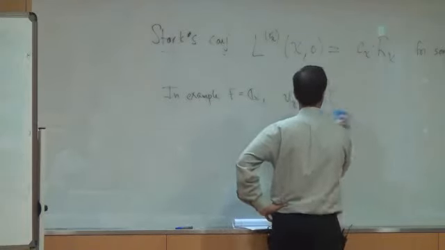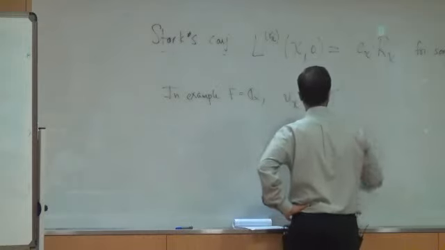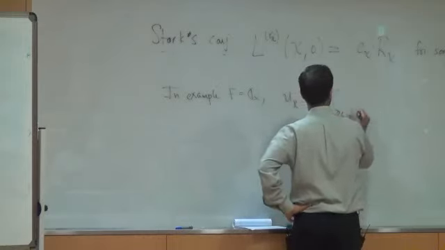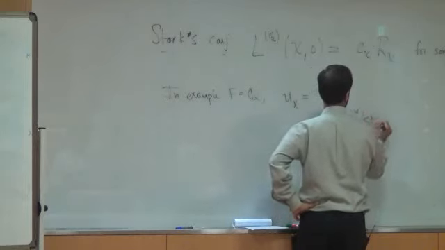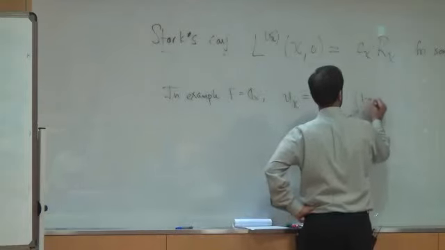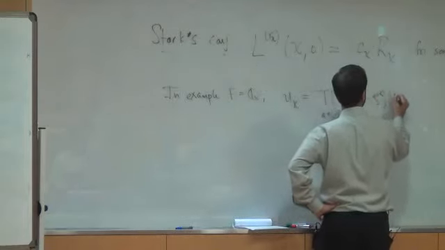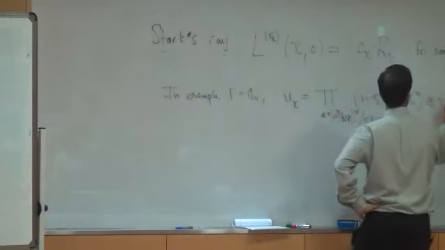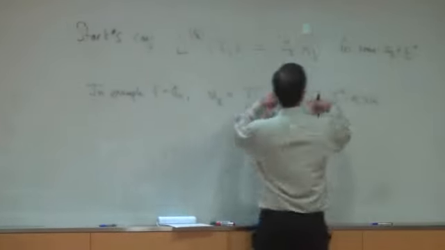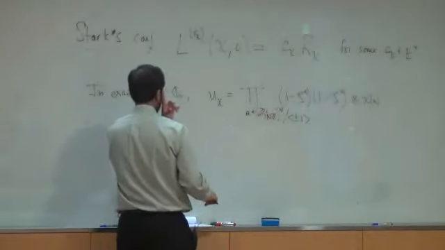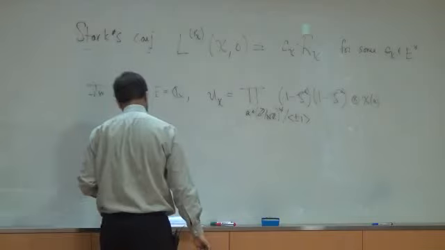Actually, I don't want to do it that way because I want to take pairs. So I'll take a in Z mod n Z star. So I group together a and minus a, remember? So it was just this u_a that I had, u of a, this unit, tensored with chi of a. And Galois acts by chi, or chi inverse, I should say. Okay, so that was my U chi.